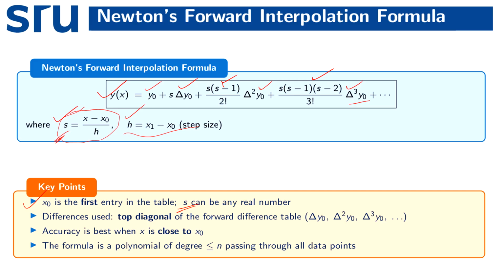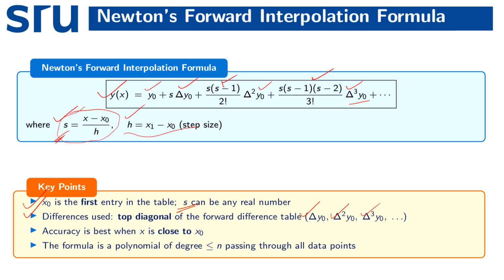Then differences: we use the top diagonal values of the forward difference table, that is Δy_0, Δ²y_0, Δ³y_0, and so on. These values are taken from the first row of each difference column.